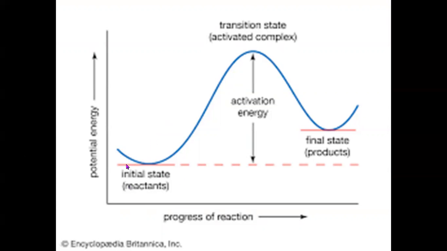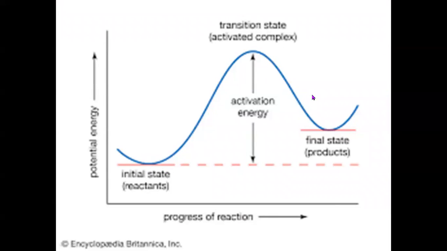This is the initial state. This is an endothermic type of reaction in which the reactant's energy is less and the product's energy is high. So we need to supply the energy. This difference of energy is nothing but the energy absorbed by the reactants to make product. But whether it is exothermic or endothermic, these reactants will form an intermediate species or transition state, or activated complex, which has to pass this energy barrier.